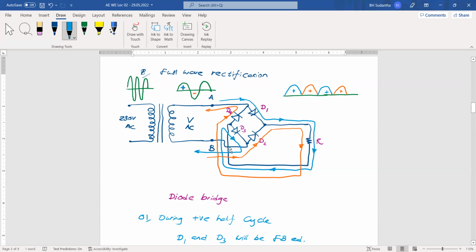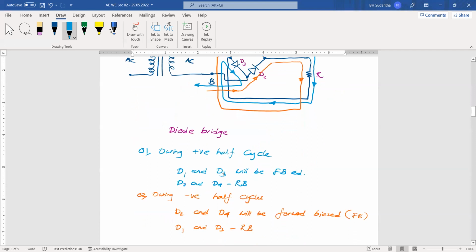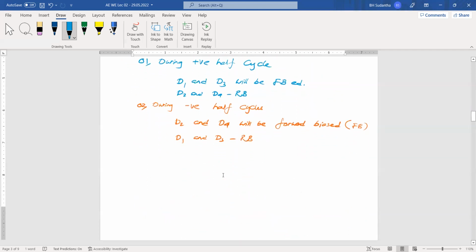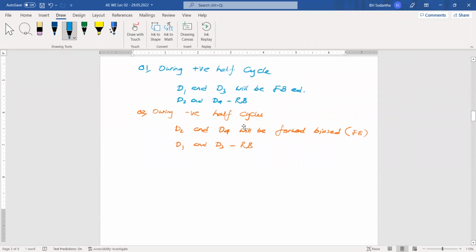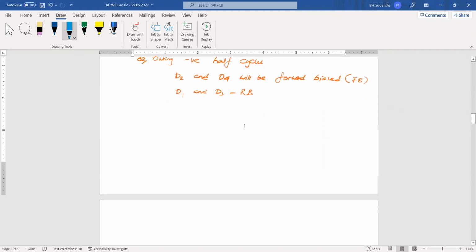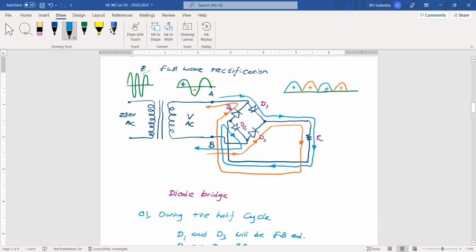Only from point B, voltage is coming to the output. Is it okay?